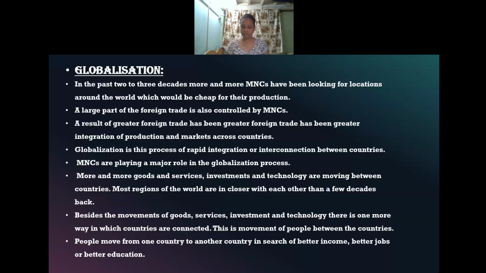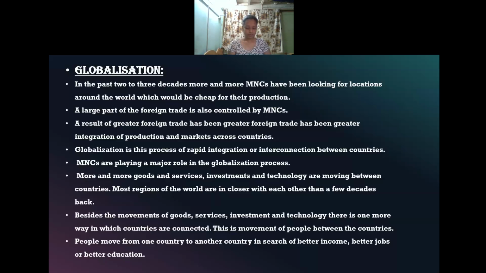So it was not a sudden transformation. We see this transformation only 2 to 3 decades back. These MNC companies are playing a very important role in improving production in the country.